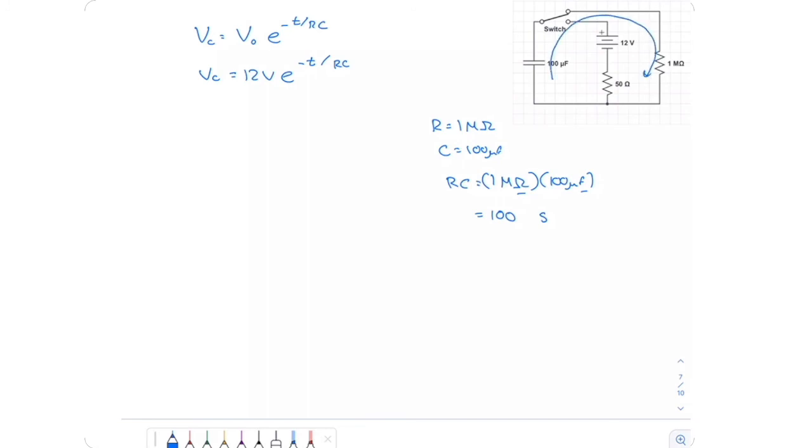Here's a loop, and we can say the voltage across the capacitor minus IR equals 0, and solve for I. And since I have an expression for my voltage across the capacitor, I can evaluate that. 12 volts over a mega ohm is going to be 12 microamps, since a volt over an ohm is an amp. So 12 microamps is the initial current, and it decays with a time constant of 100 seconds. So I can write that current like this.